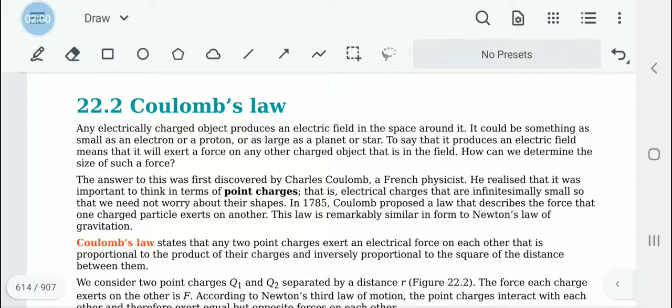So the Coulomb's law. The definition of Coulomb's law is that any two point charges exert an electrical force on each other that is proportional to the product of their charges, right?